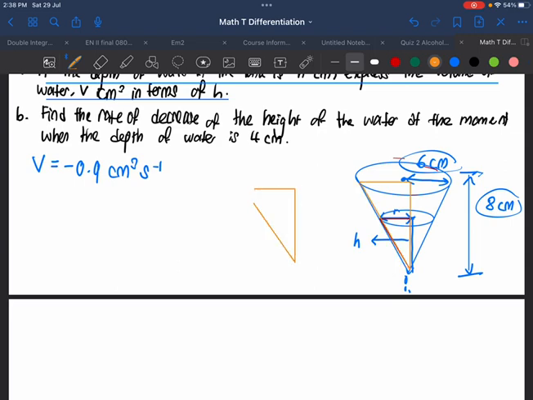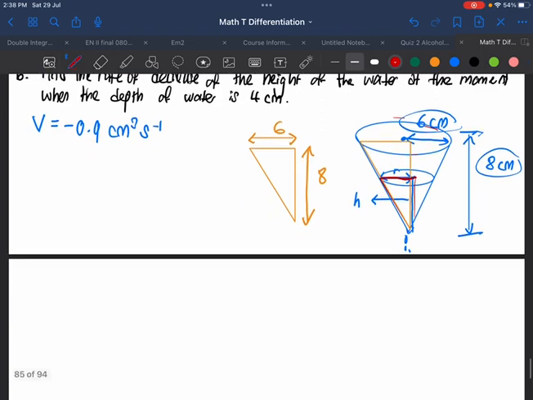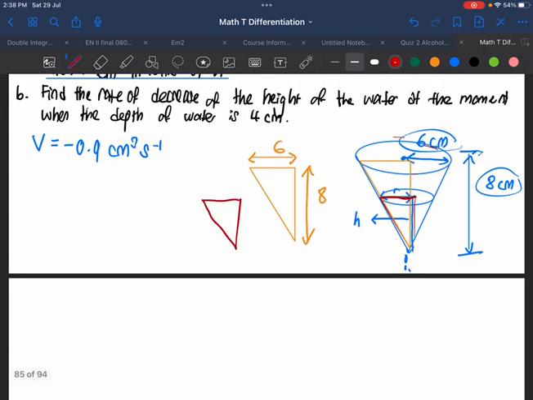Here is the big triangle, where this is 8 and this is 6. Now you have the small red triangle, where the sides are H and R.